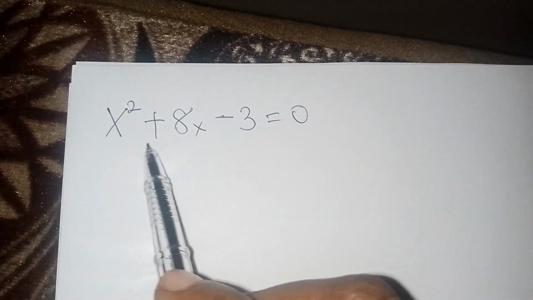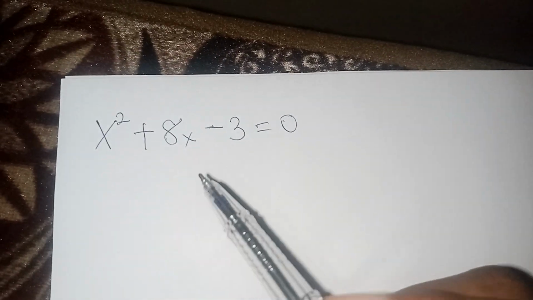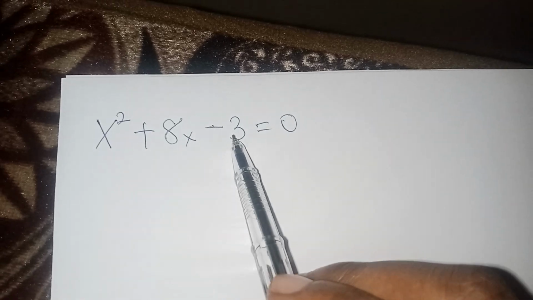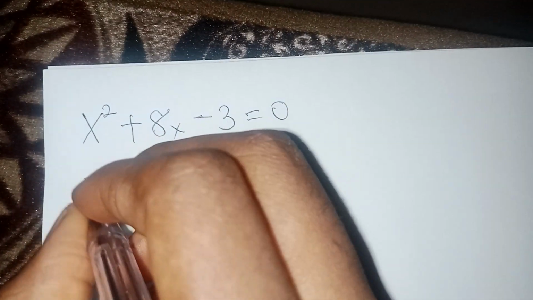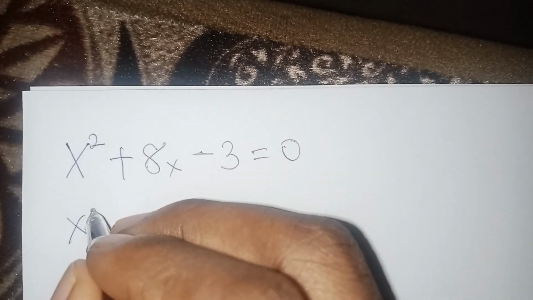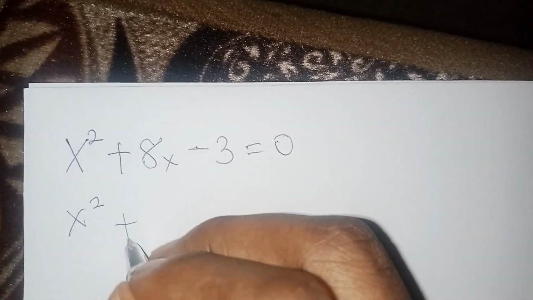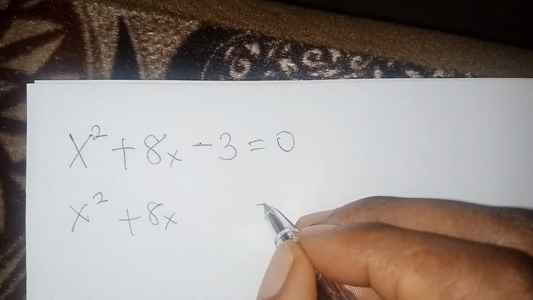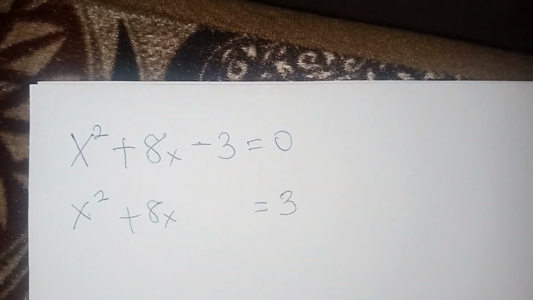All right, so to solve this question using the completing the square method, we have to move this minus 3 to the other side. So we have x squared plus 8x, leave that space, and we have 3.